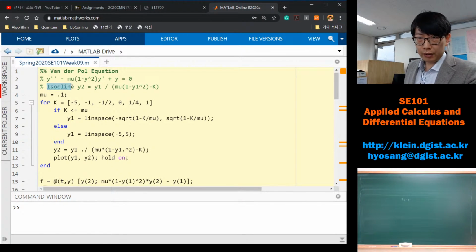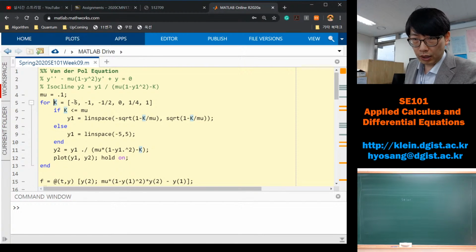So this isocline is given by y2 equals to y1 over this factor here, and I set this mu equals to 0.1, for example, and I want to draw this curve in the y1, y2 plane by varying this k constant.